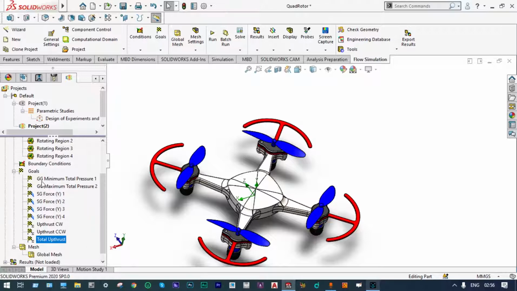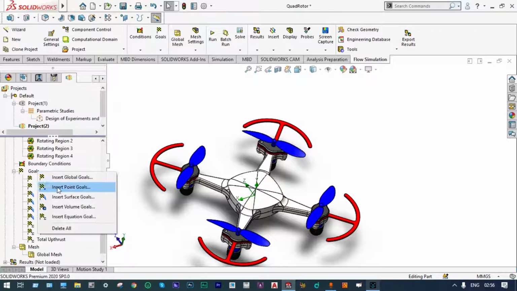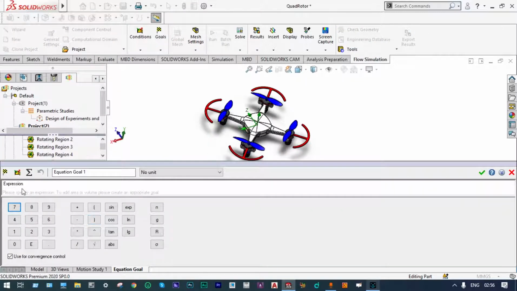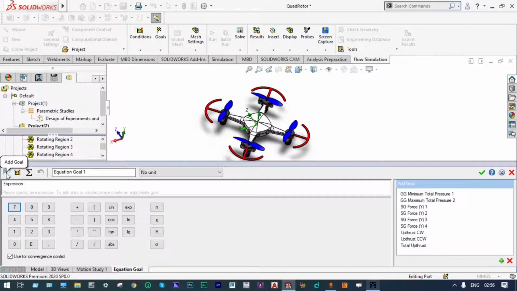Another equation goal is needed. Insert equation goal. It will be net upthrust. It will come from the previous goals. It will be total upthrust minus the weight of this quad rotor.